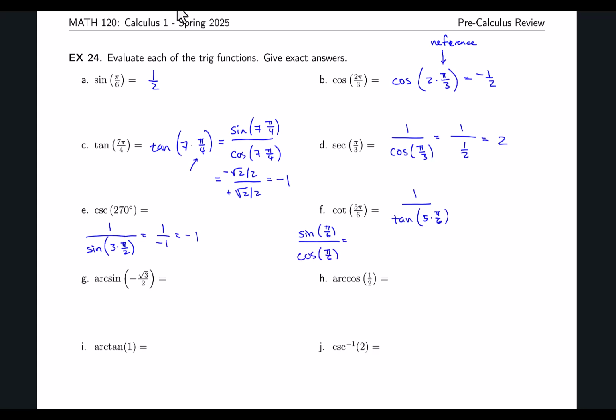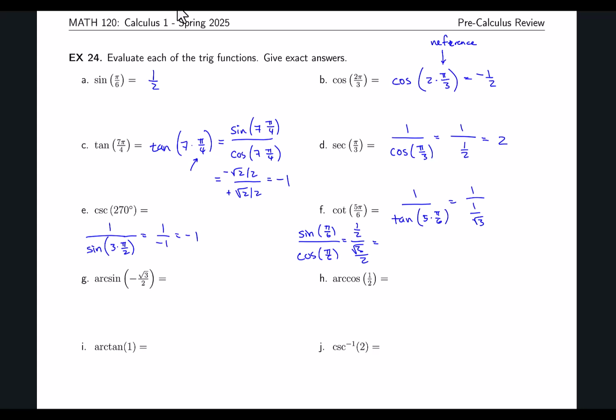All right, so these are the quadrant 1 values. So sine pi over 6 is 1/2, cosine pi over 6 is √3 over 2. So that means this is 1 divided by the square root of 3. So this would be 1 over the square root of 3, which is odd. I get it, but it is what it is.